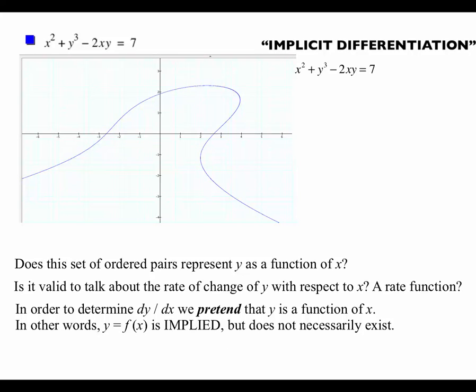So let's see how that happens. This is implicit differentiation. We start with that equation, and the first thing we're going to do is substitute in f of x for y, because we're going to pretend that y is a function of x.